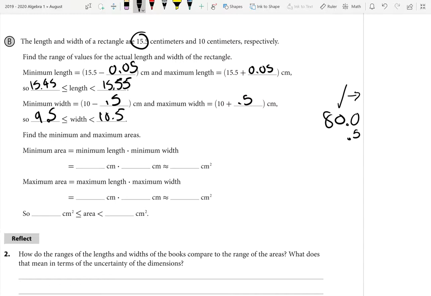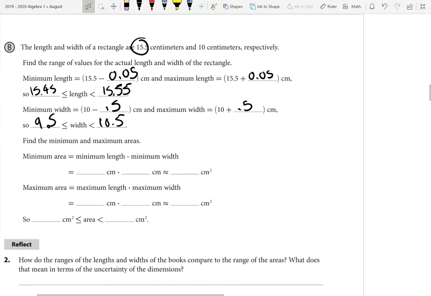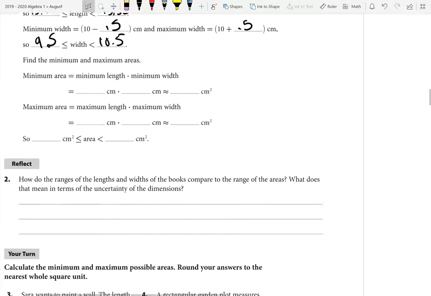So for that 80, you would have 80.5 as the top, and when you subtract, you would have 79.5 as your minimum. That's nothing to do with this problem. I just wanted to mention that because I said it earlier, and I wanted to fix it.